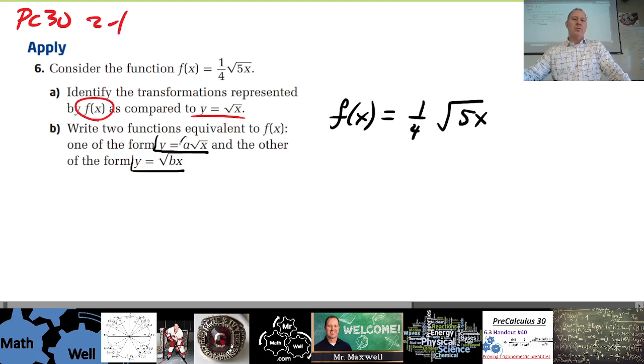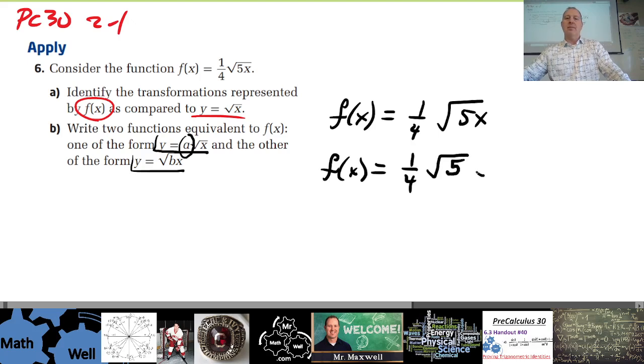So if you want to write an a value with b as 1, that means that you have to get rid of this 5. This 5 has to come out of the square root sign. Now if this was 4 or 9 or 16, that could come out as a whole number. But guess what? It's not a perfect square, so you can rewrite this, watch carefully, as the square root of 5 times the square root of x.